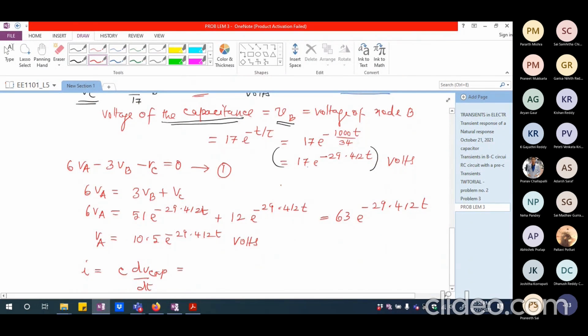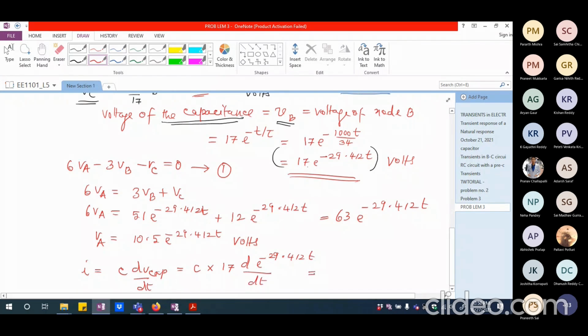And what is the voltage across the capacitor? That is this. So I should say C multiplied by 17 d of e power minus 29.412 t divided by dt.